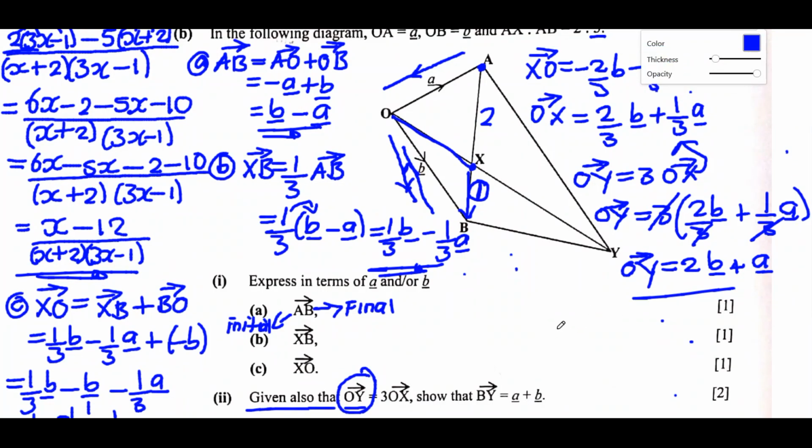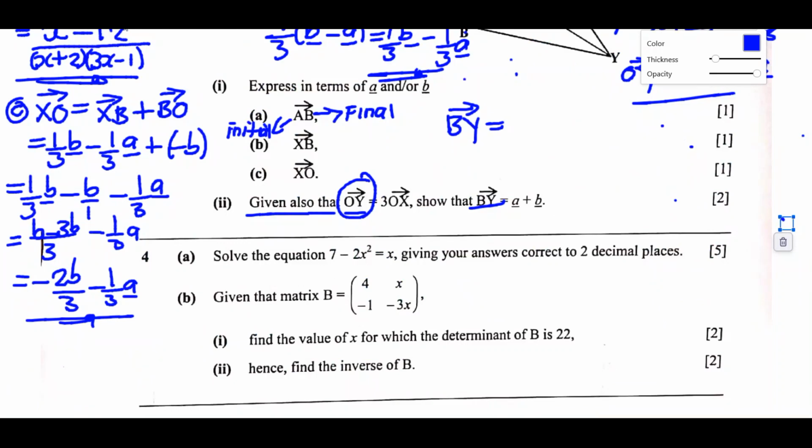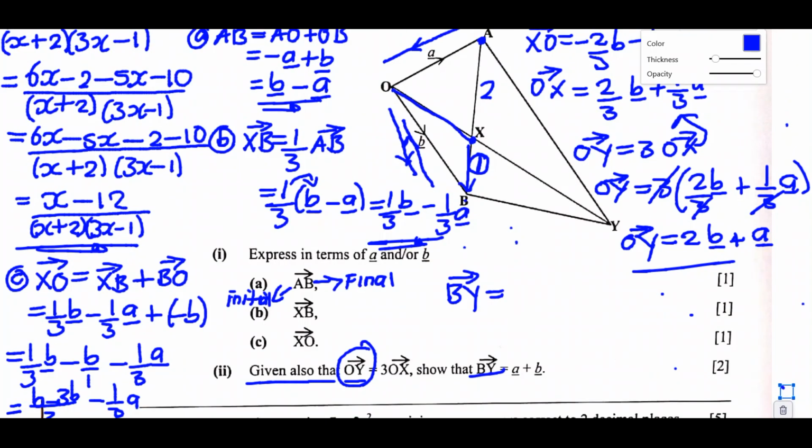Now let's go to the part where we are supposed to show. The part where we are supposed to show is BY. If we want to move from B to Y, how can we move from B to Y?